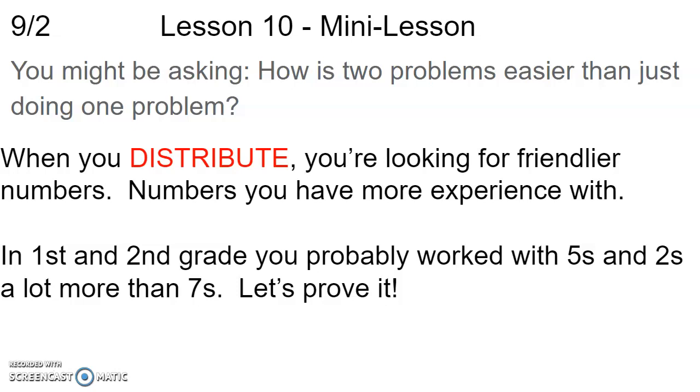In general, friendlier numbers are 2s, 5s, and 10s. If you can get it down to 2s, 5s, and 10s, we've been working with those for a long time. You can use the count by strategy with 2s, 5s, and 10s, so you can do most of the work mentally.